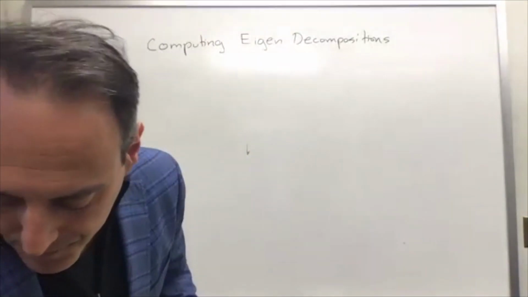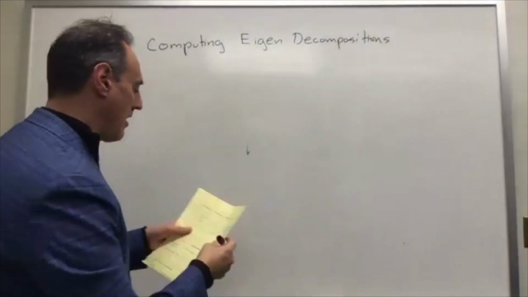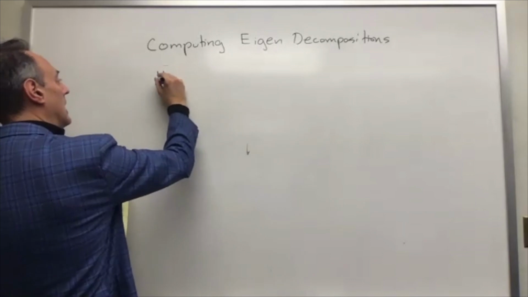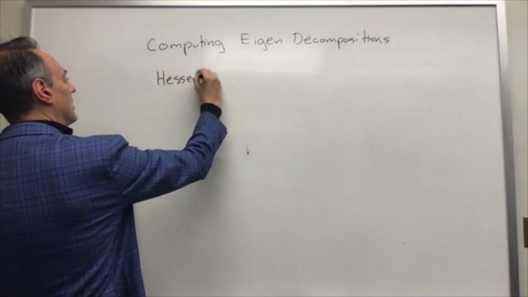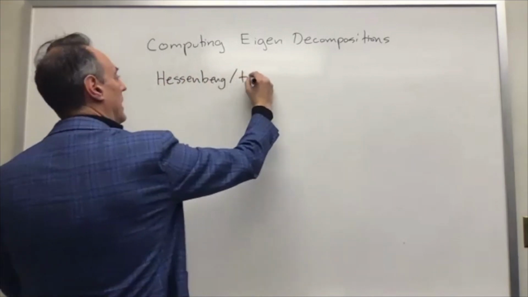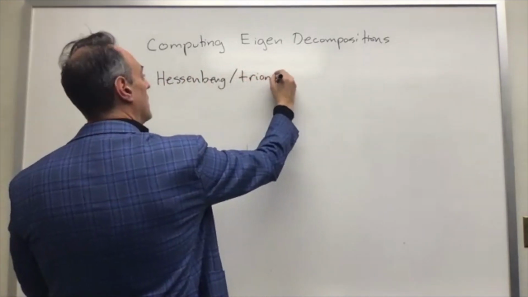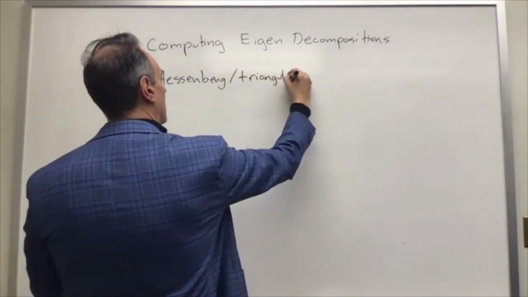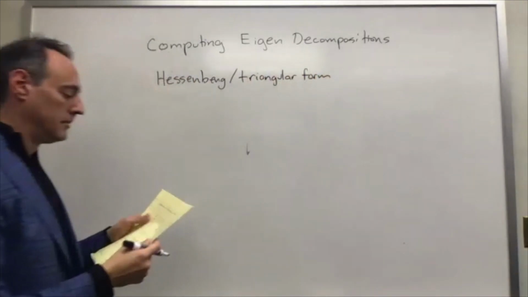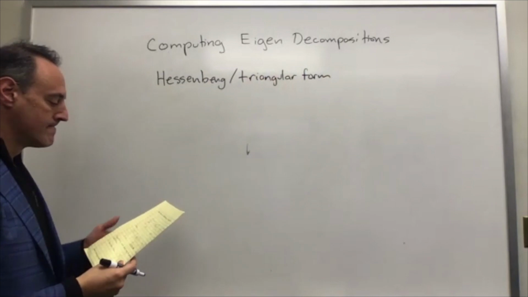All right. So let's start off with the idea of how to do a reduction to either Hessenberg or triangular form. Okay.